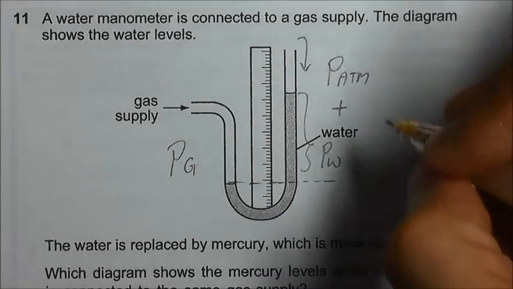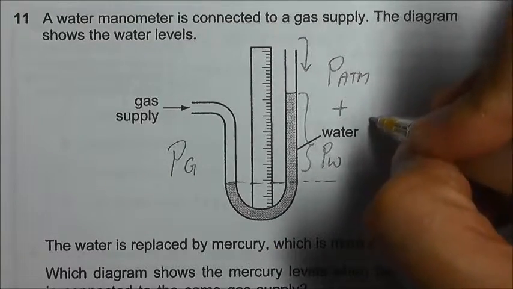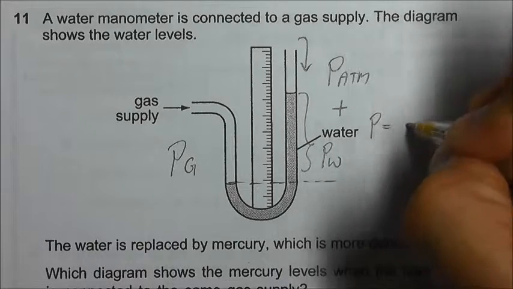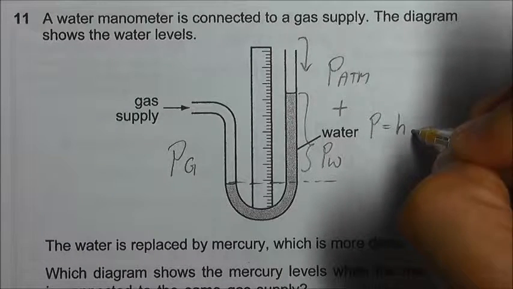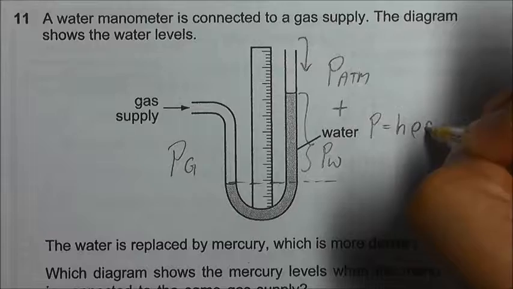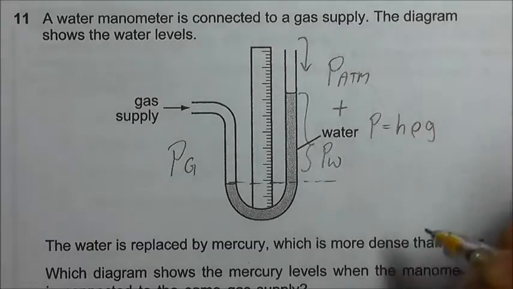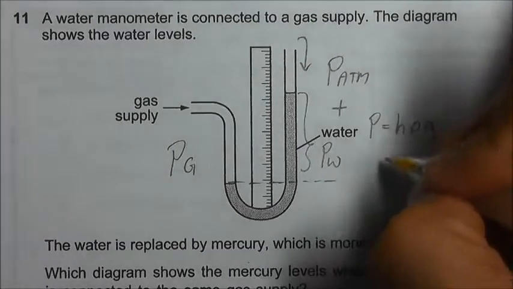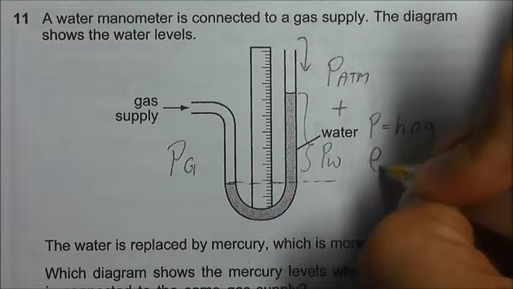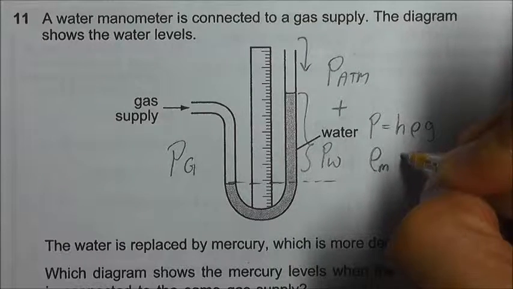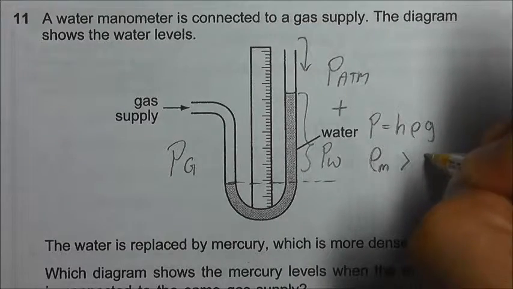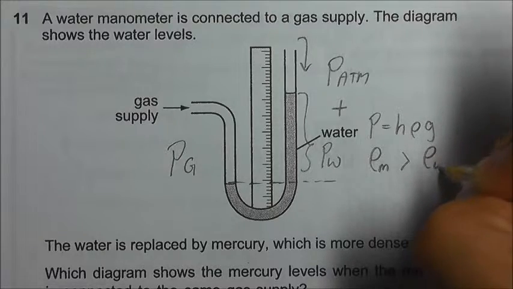So now let's look at the formula for pressure of liquid. Pressure is equal to the height multiplied by the density multiplied by the gravitational field strength. Mercury has a density that is much higher than the density of water.